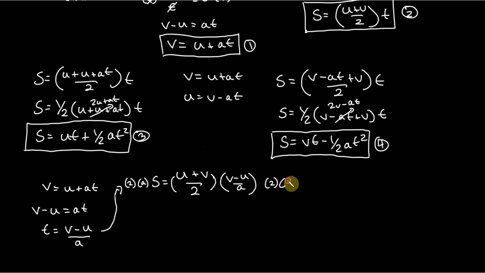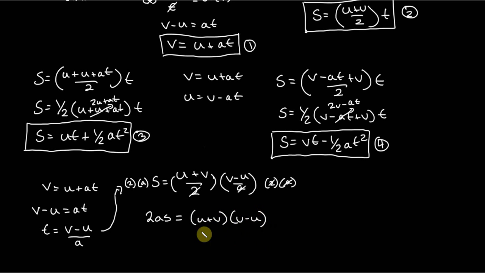So that cancels the denominator here and here. That's the whole point. And so what we end up with here is 2AS equals U plus V times V minus U.